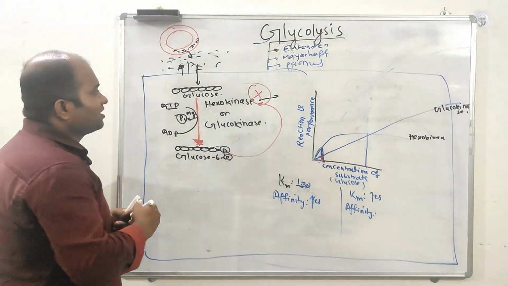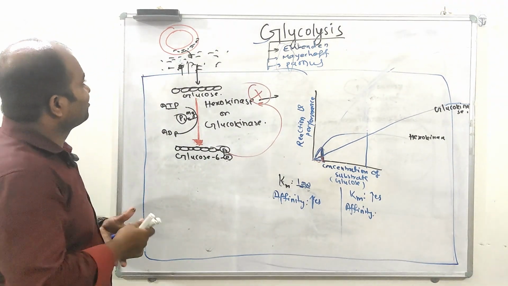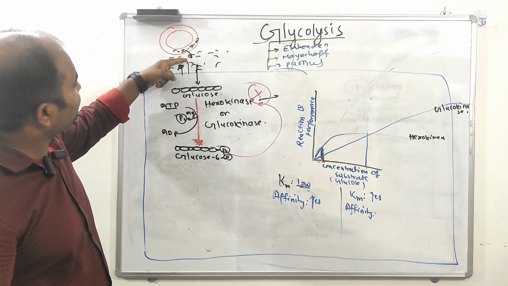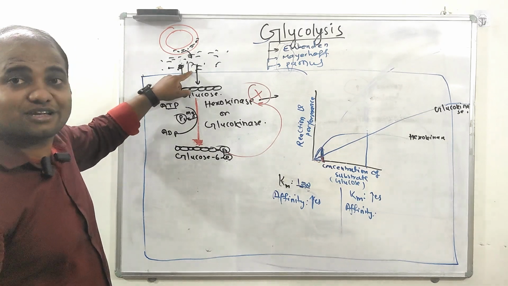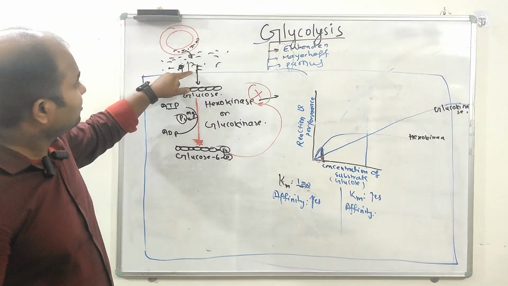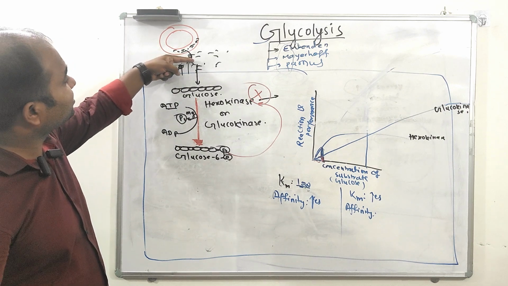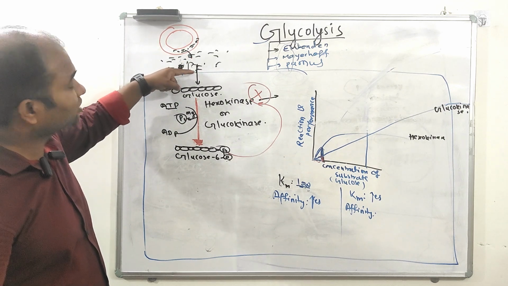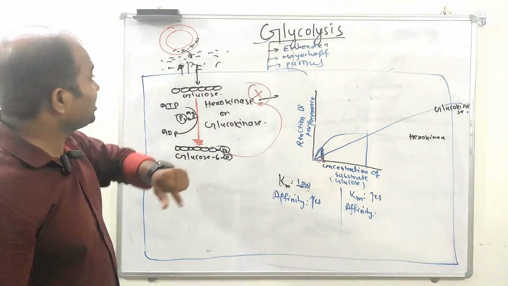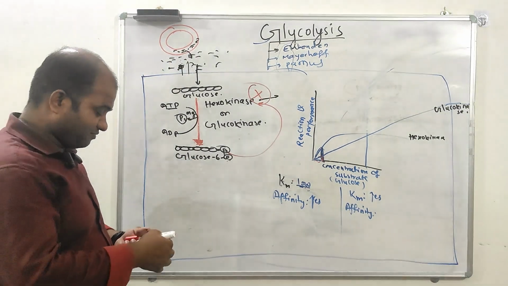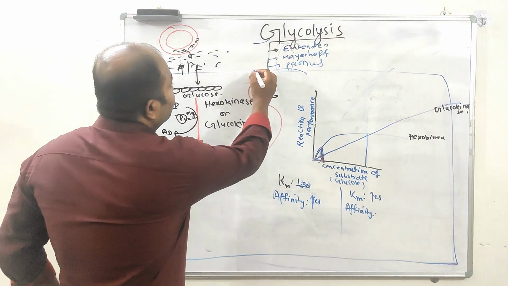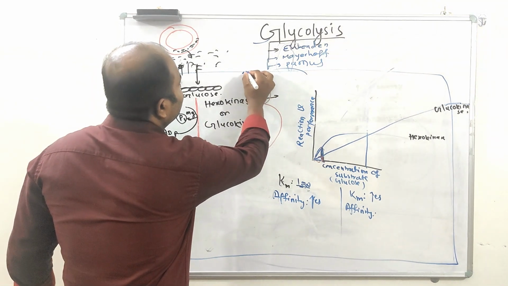The main regulatory mechanism is, as I told, that transport of glucose from outside to inside is also regulated by insulin, right? But we only know that transfer of glucose from outside to inside is regulated by insulin, but insulin has more function than that. Let's assume this is insulin.